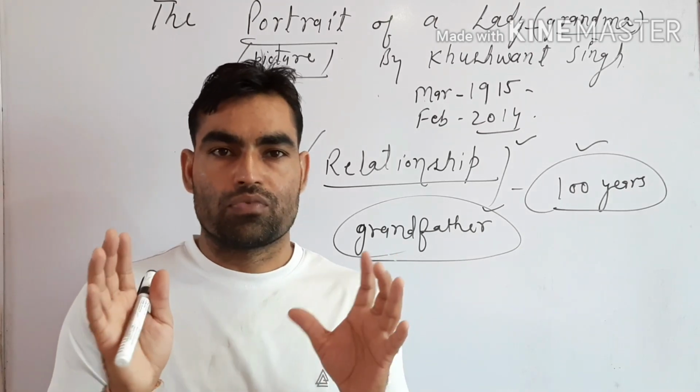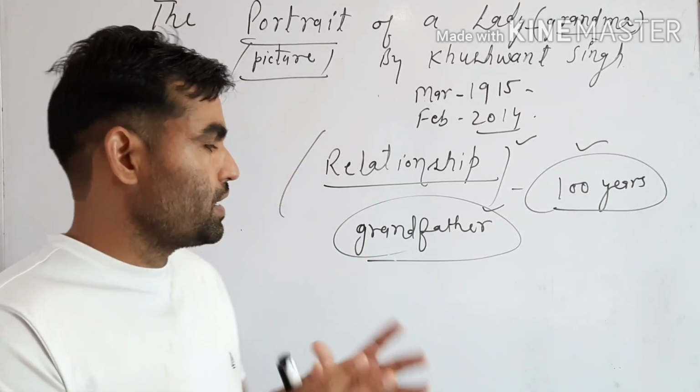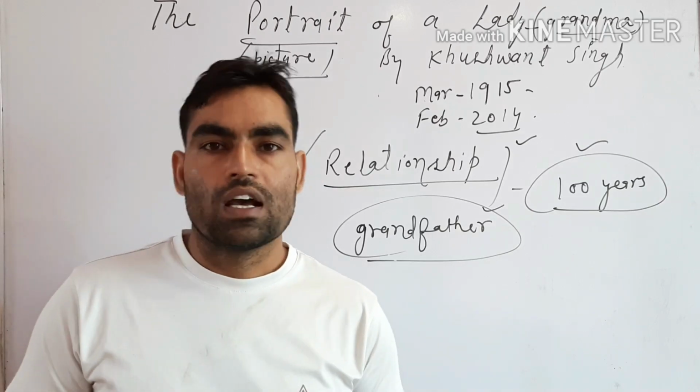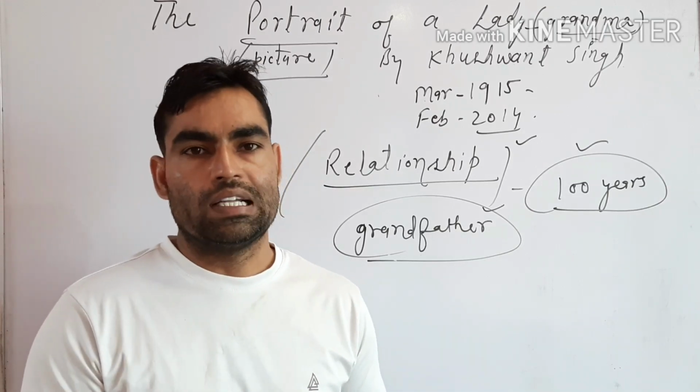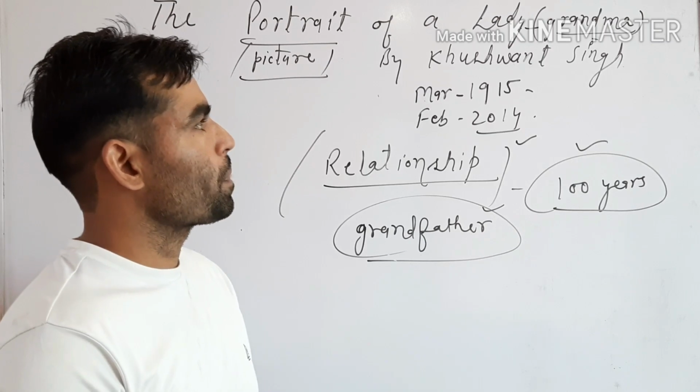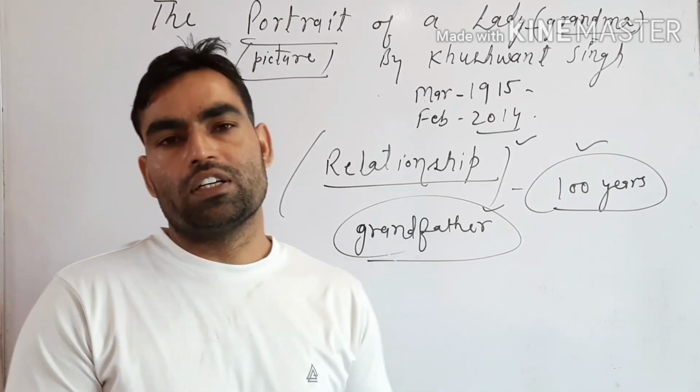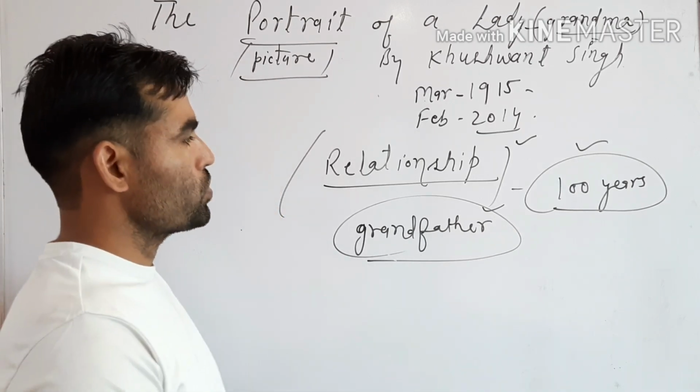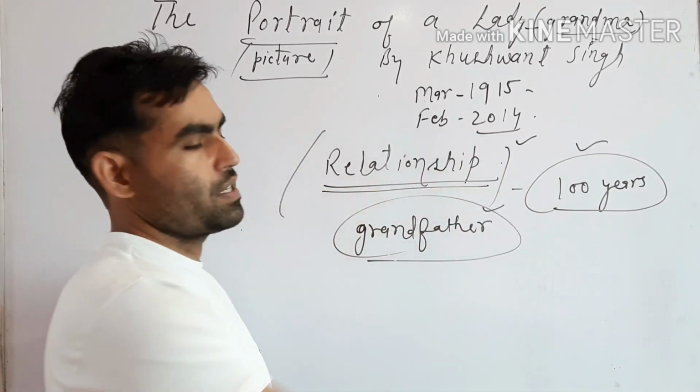From the observations we can see that he also appears to be about 100 years or more of age. After that we come to the most important topic, that is relationship.